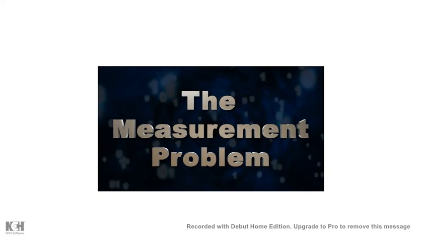I'm going to read directly from Wikipedia. In quantum mechanics, the measurement problem is the problem of how or whether wave function collapse occurs. The inability to observe such a collapse directly has given rise to different interpretations of quantum mechanics and poses a key set of questions that each interpretation must answer.